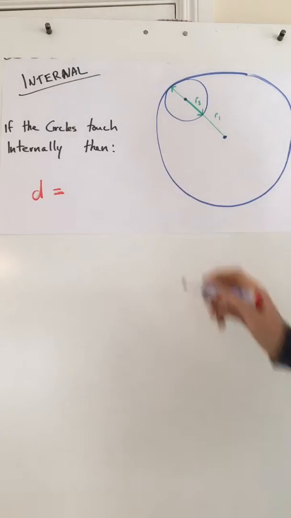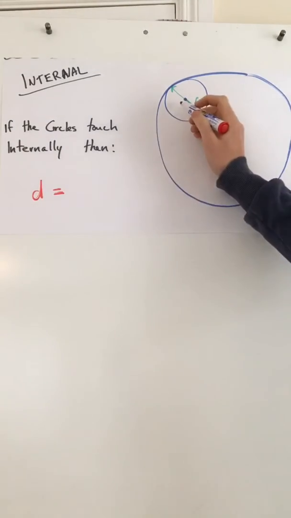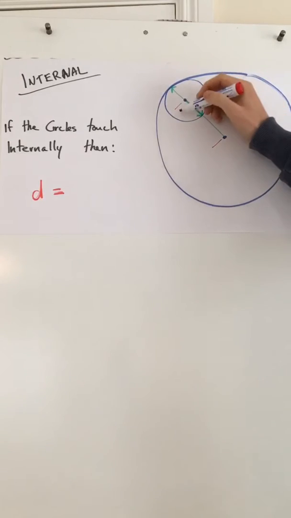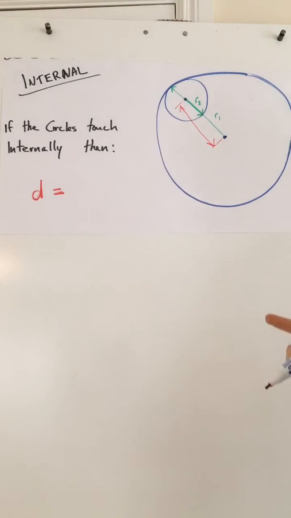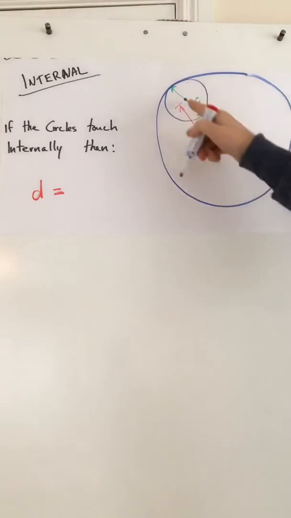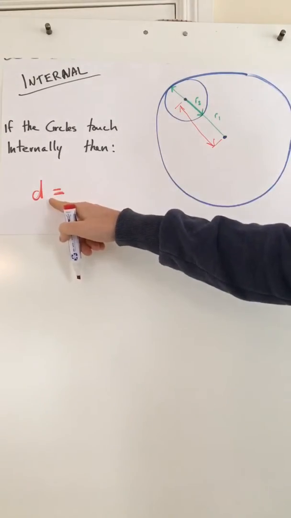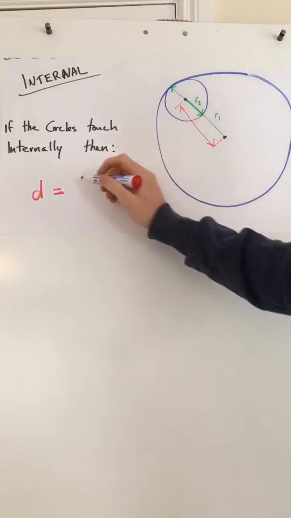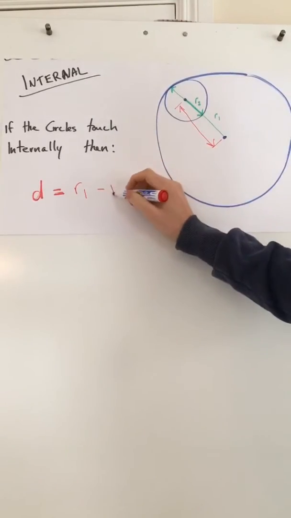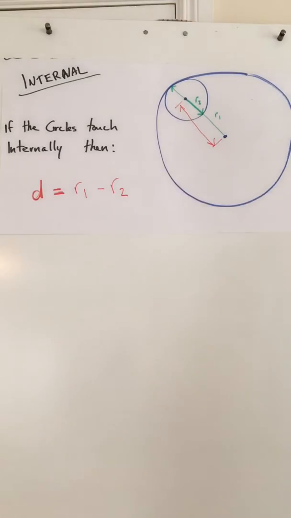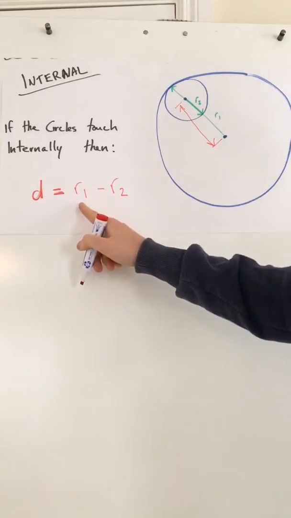Once again the distance is between the two centers, but this time if they touch internally, then the distance between the two centers would be equal to R1, which is the full radius, minus R2. And those are our two rules.